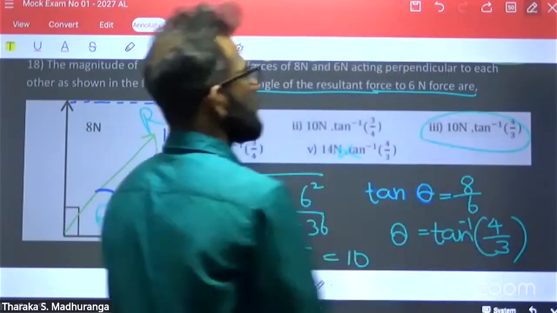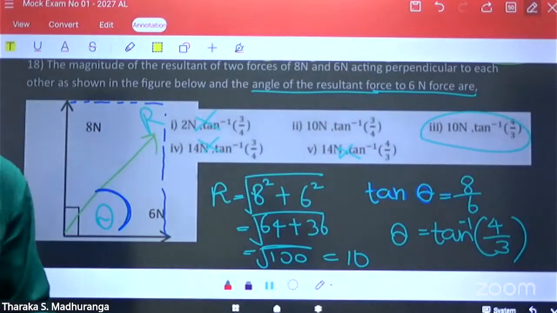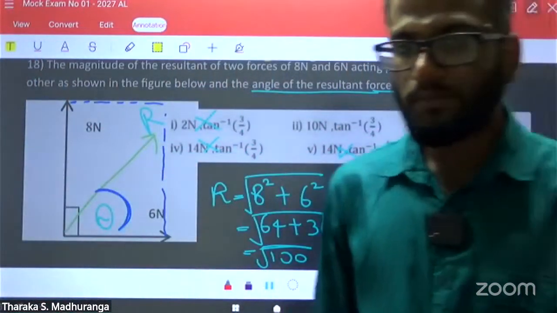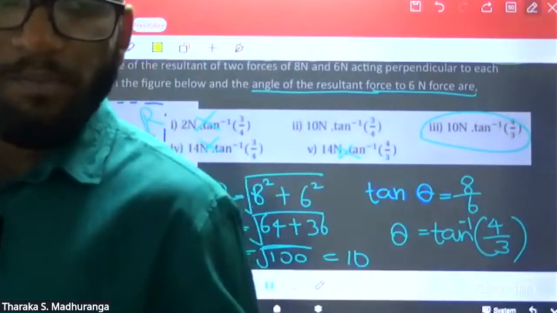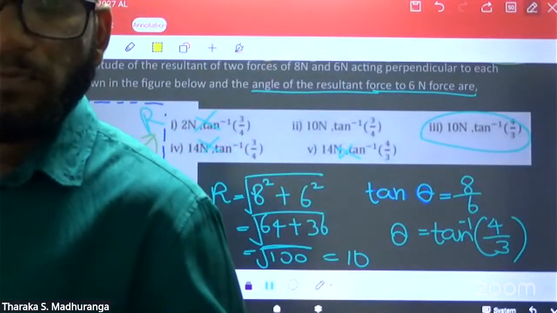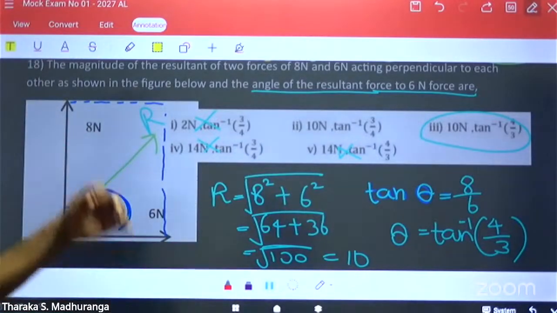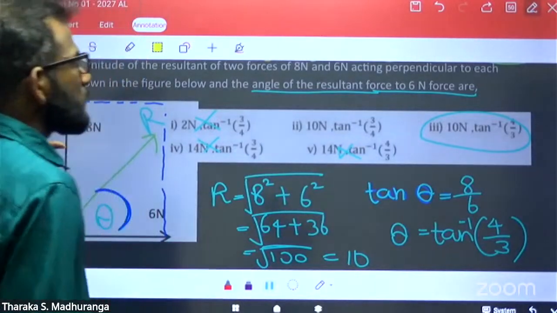Answer number third one. Answer number 3.